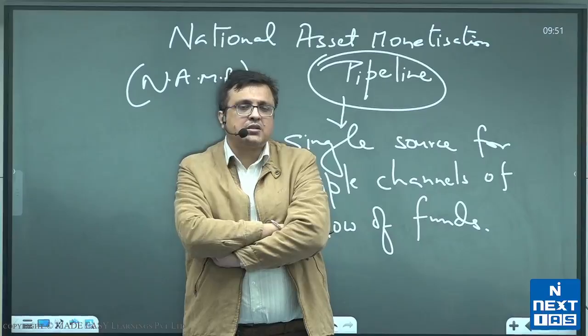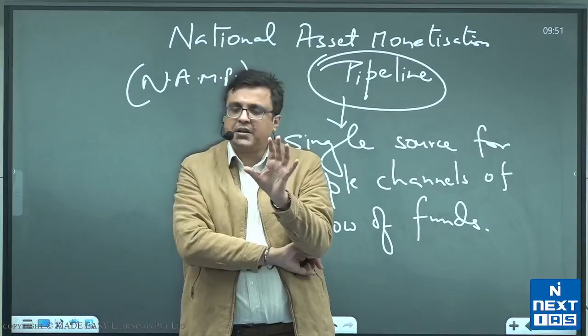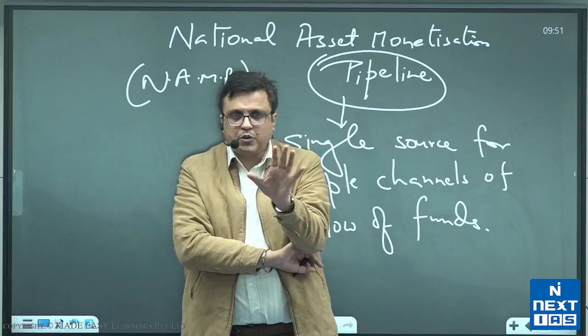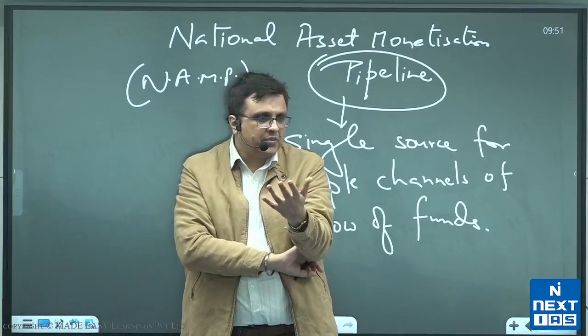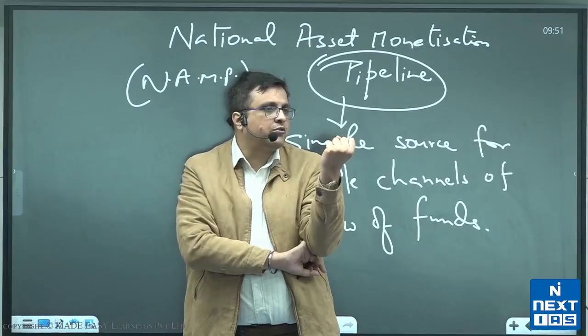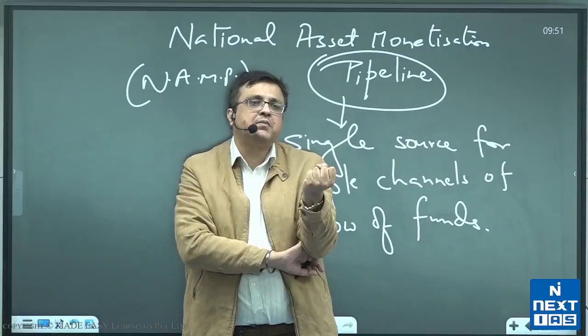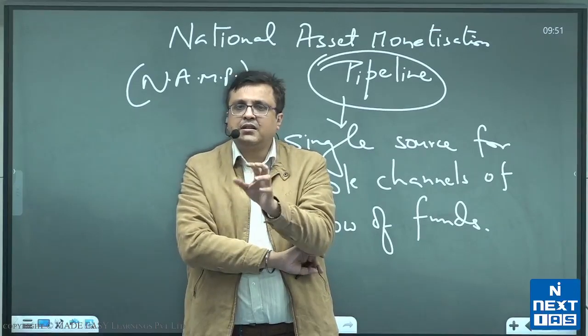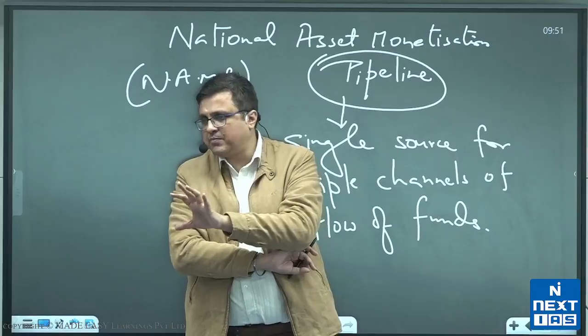If the government chooses to lease this public asset out to a private sector, it will be up to the private sector to run this asset, manage it, earn money out of it, and pay part of that money to the government as lease payment. That is called asset monetization policy.